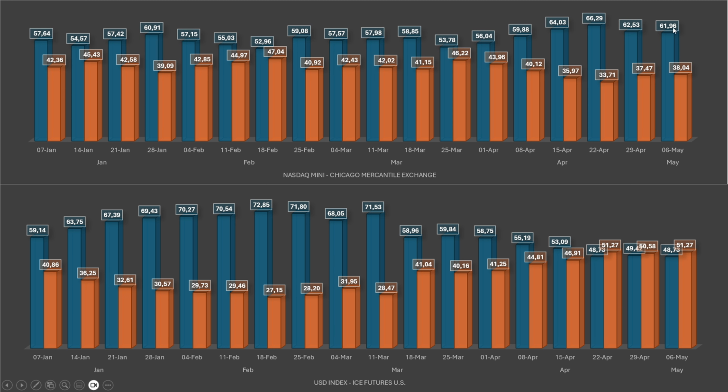And as we can look at the Nasdaq over the course of the past 3 weeks, we can see that there is a slight decrease when it comes down to our buyers. So the long contracts, we can see they are slowly decreasing.